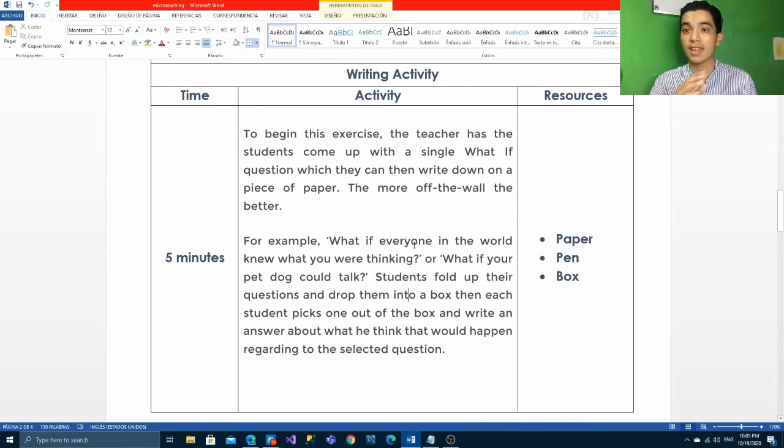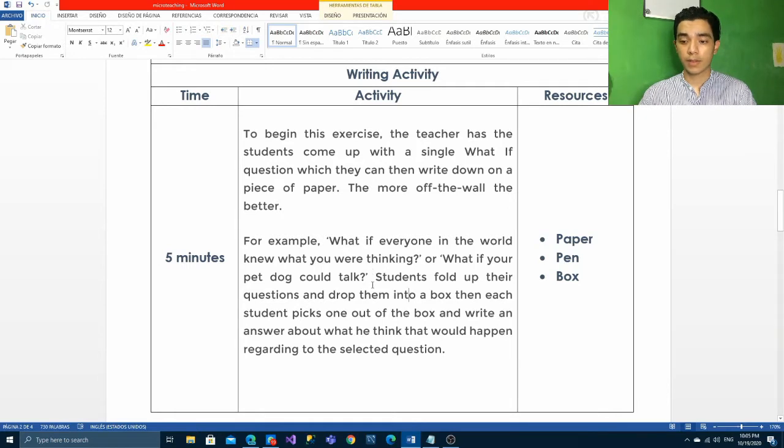While the student is motivated, he's using the vocabulary, grammar, structures, the different tenses of the verb, and everything about that. And then the teacher can check it and correct it if needed. The resources implemented for this writing activity were paper, pen, and box.